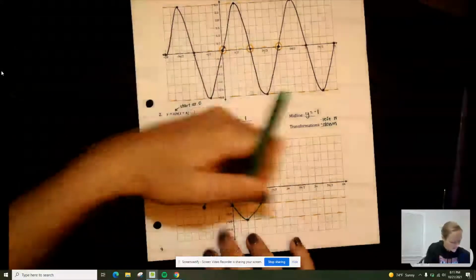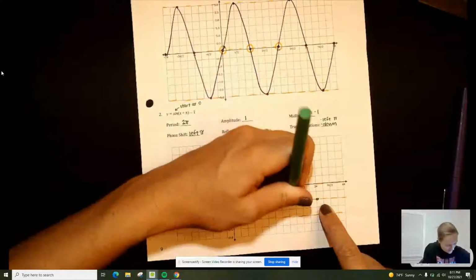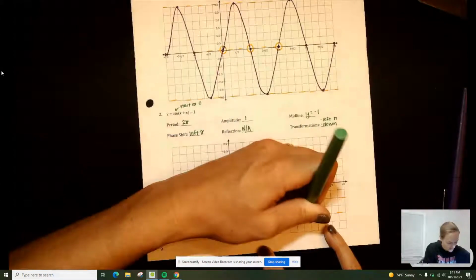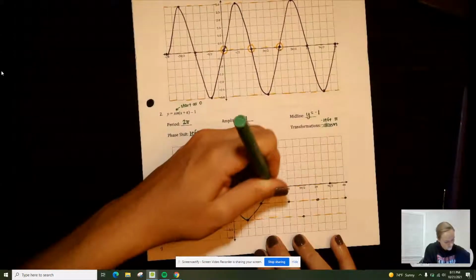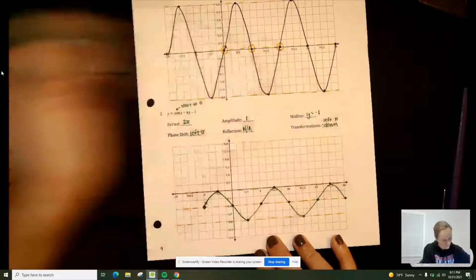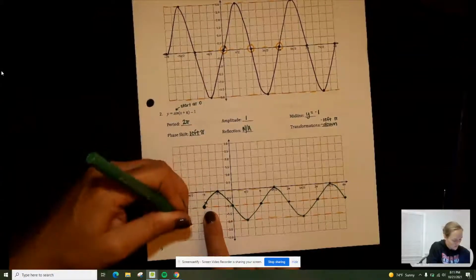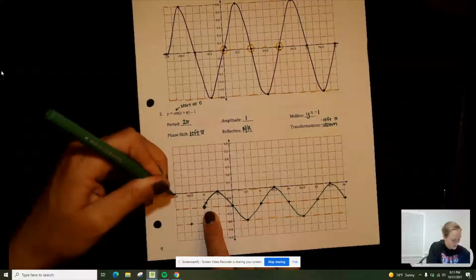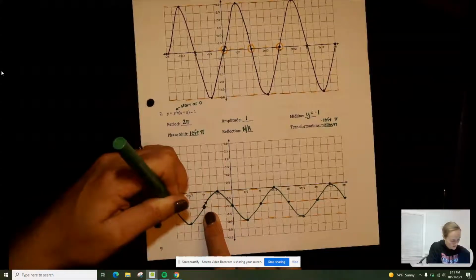So from here, I can continue going every 2 pi and creating that same exact situation. And then going the other way, this was going up here, so it would have to go down this way. Not there. And there it is.